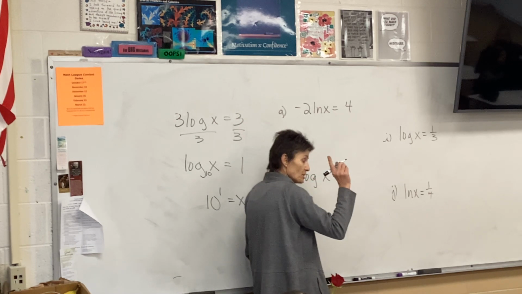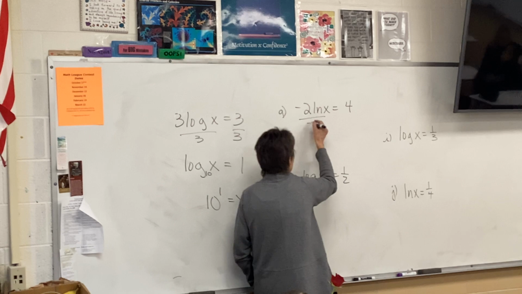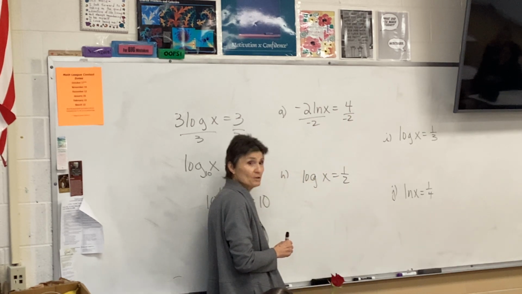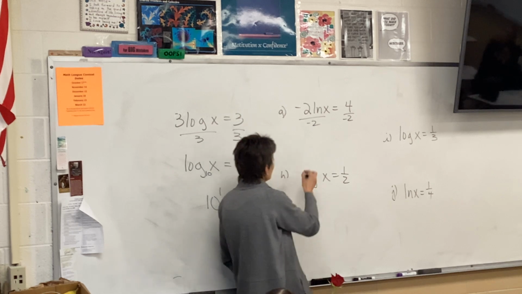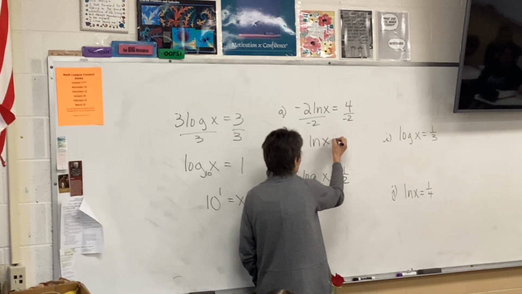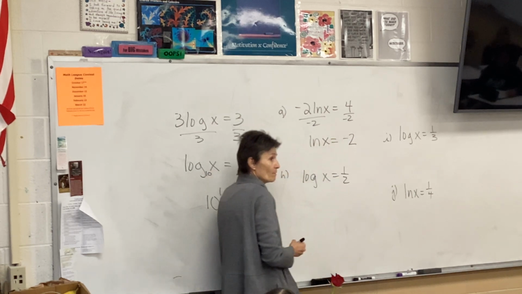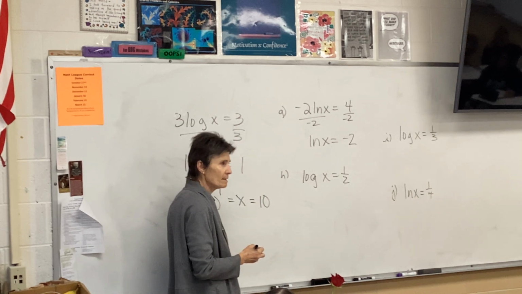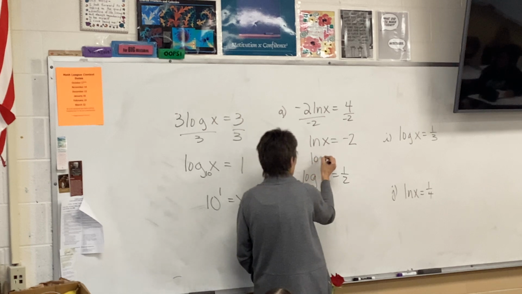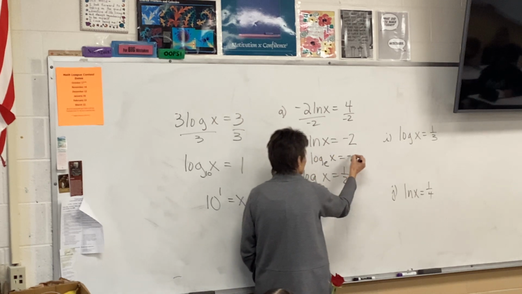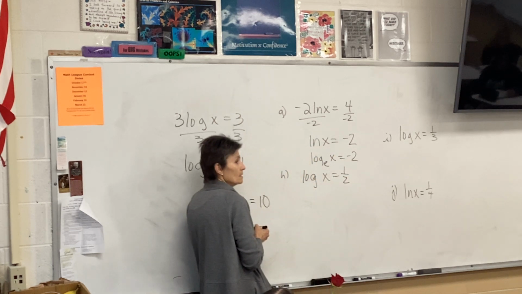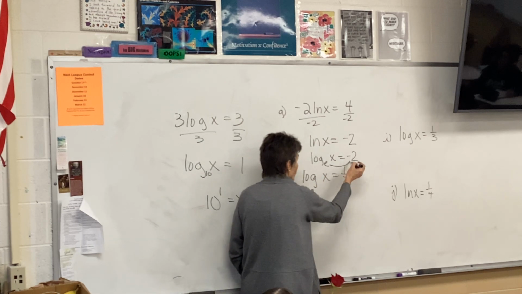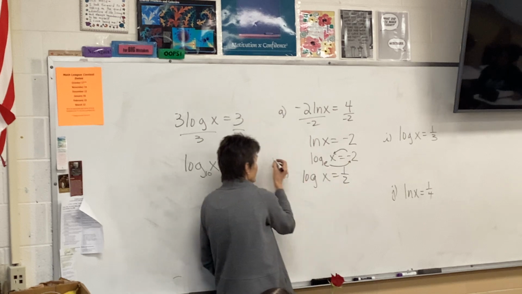Okay. So Deshaun did exactly the right thing. He said, I'm going to divide both sides by -2. So then my equation looks like this. Would everybody agree with that? What does ln mean? Log base e. And so when I log roll it, what does x equal?